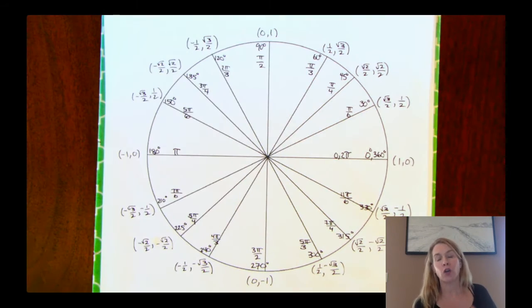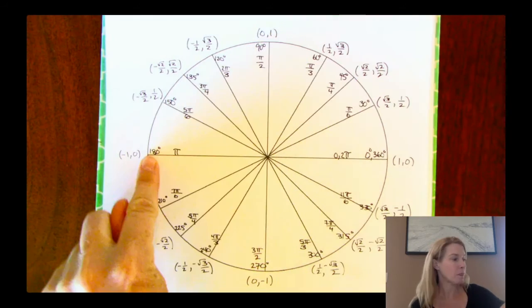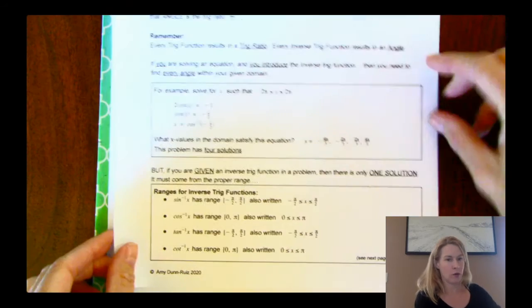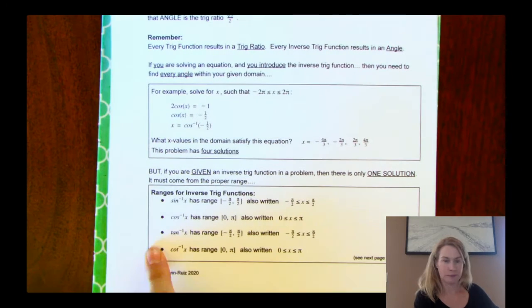And then arccotangent, which doesn't come up that often, but if it does, remember cotangent is cosine over sine. So arccotangent has the same range as arccosine, from 0 to pi. And of course, I have that listed out here for you on the reference page.